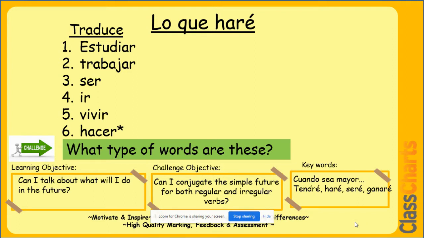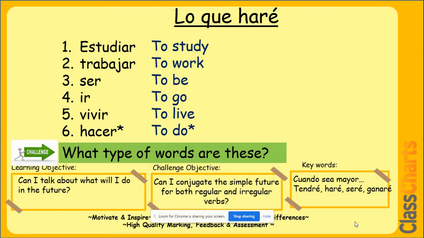That will clarify those of you that probably haven't got it very clear, okay? So, these are what these words mean, okay? So estudiar is to study, trabajar is to work, ser to be, ir to go, vivir to live, and hacer, with a little asterisk in there, to do. I've put an asterisk in there because that verb is irregular, okay?